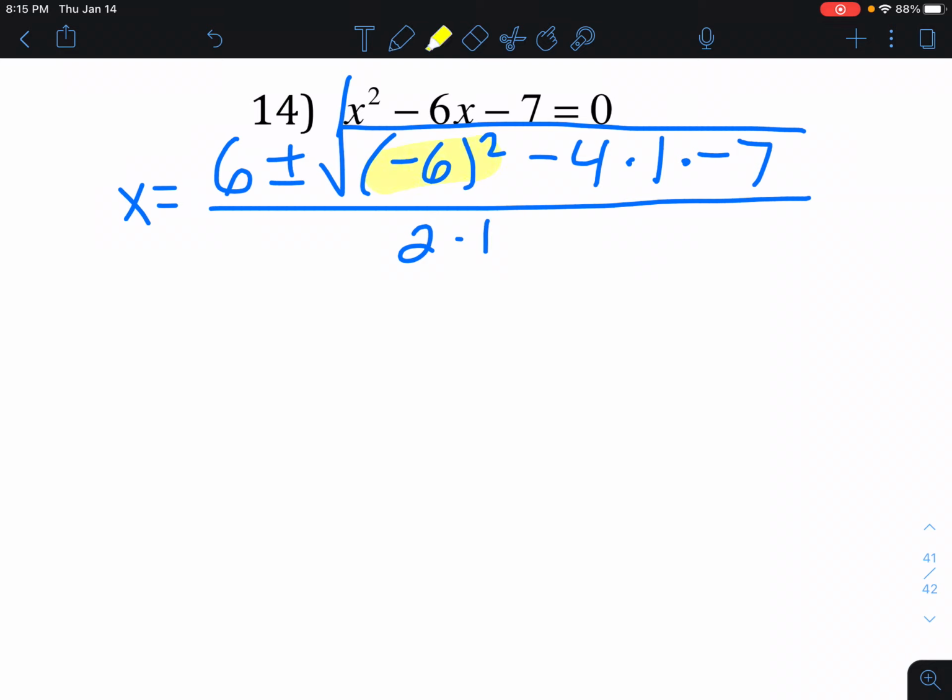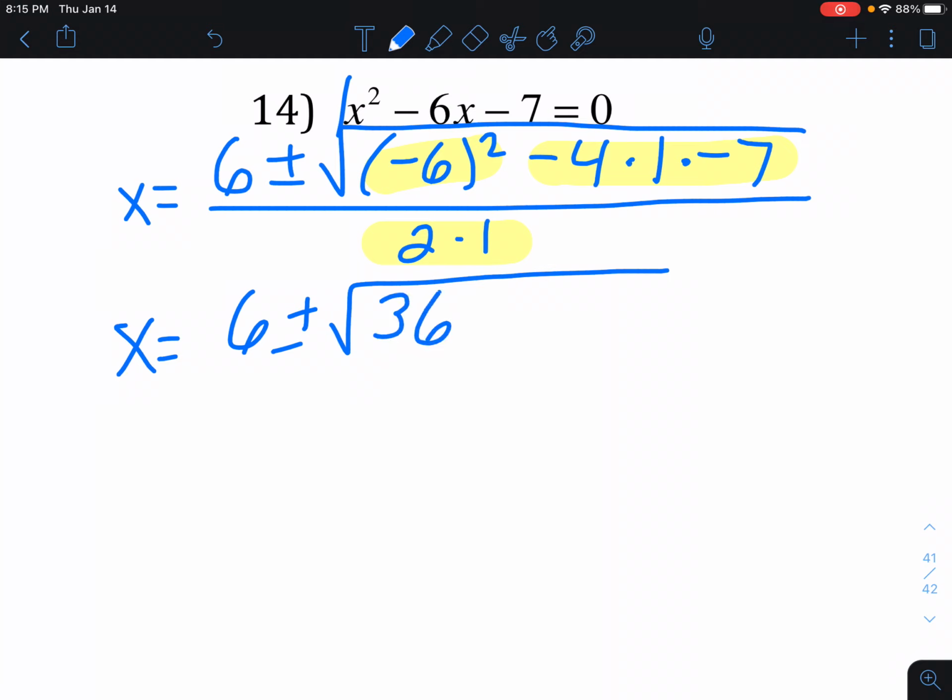So I'm going to multiply 1, 2, 3 times. So negative 6 squared is 36. And then multiply negative 4, double negatives plus, and 28. And on the bottom, 2 times 1.